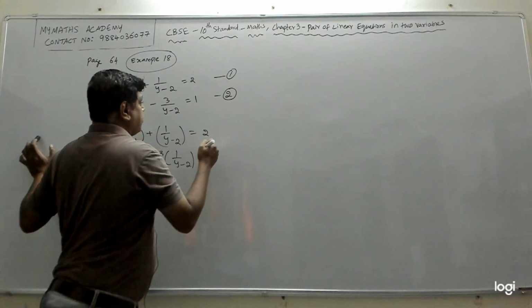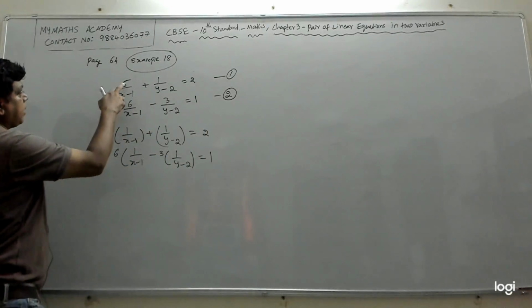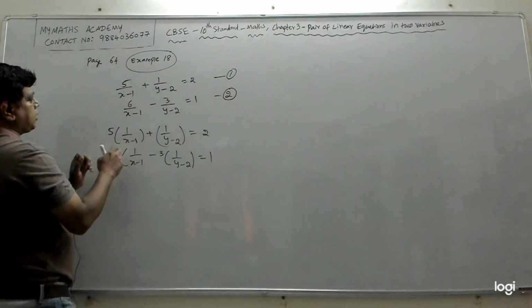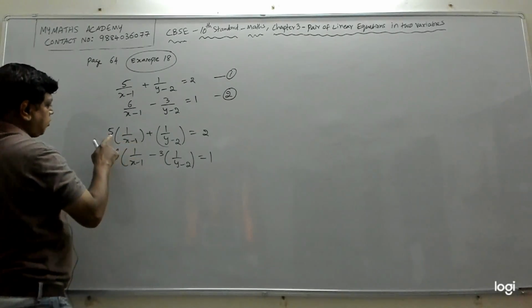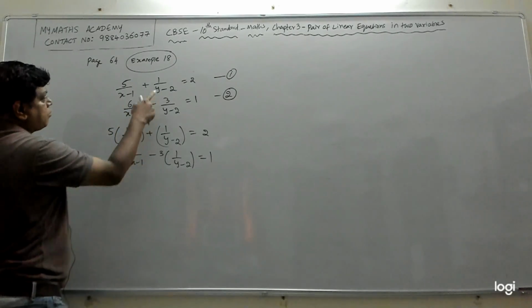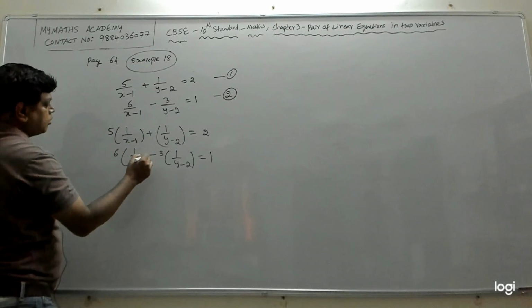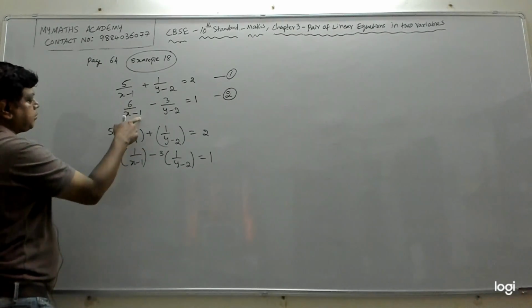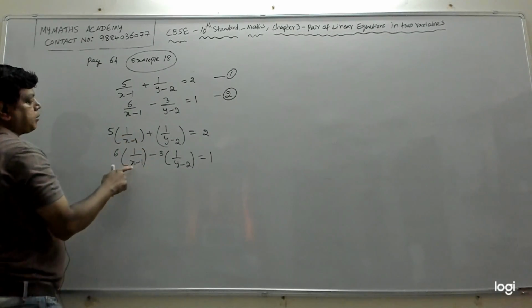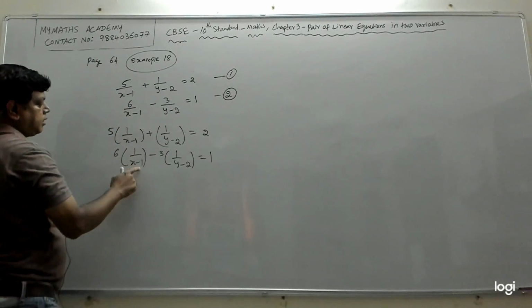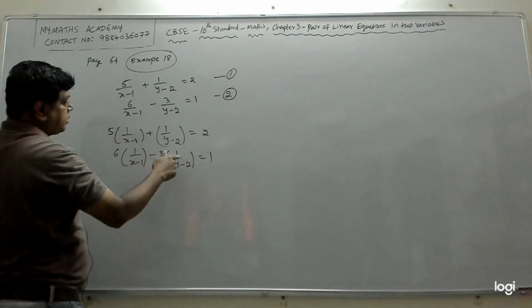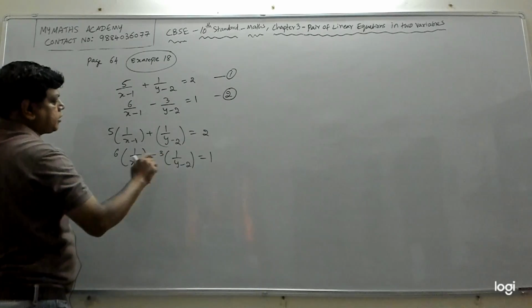So the same equation I have written 5 by x minus 1 as 5 into 1 by x minus 1, because 5 into 1 by x minus 1 is 5 by x minus 1. Then this is 1 by y minus 2. Then 6 by x minus 1 is 6 into 1 by x minus 1, and minus 3 into 1 by y minus 2 gives minus 3 by y minus 2.